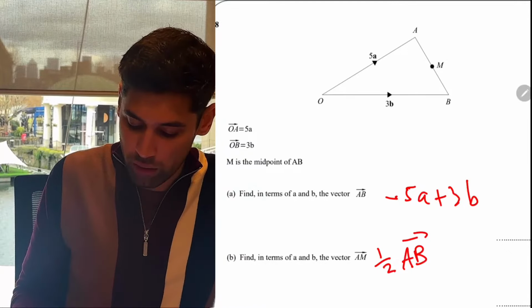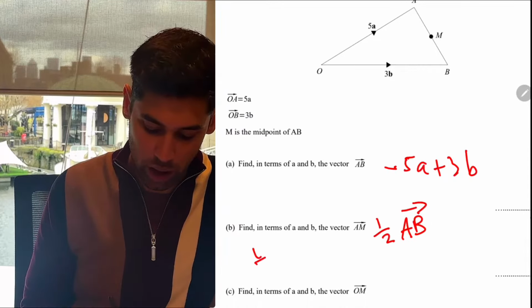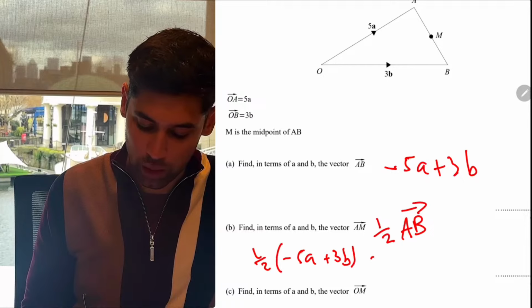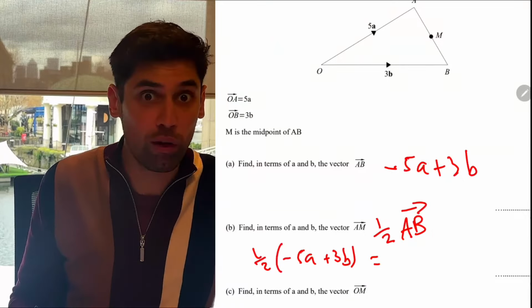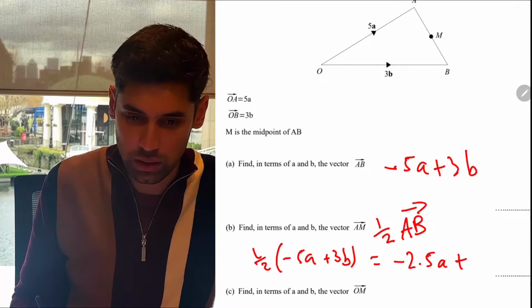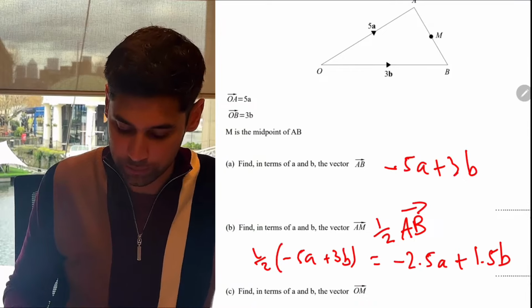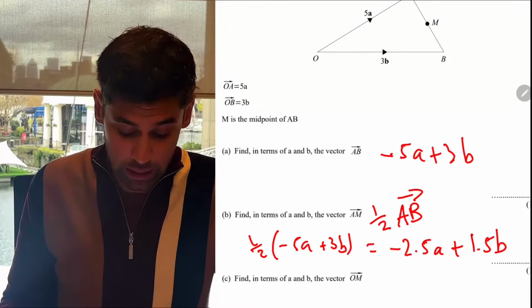We know AB is minus 5A plus 3B, so we would write that as half of minus 5A plus 3B, which is, and then we should do a half times minus 5, which is just half of minus 5, so minus 2.5A plus 1.5B. And that's a game changer for vectors as far as I'm concerned.